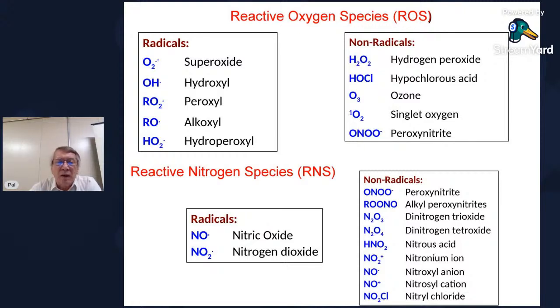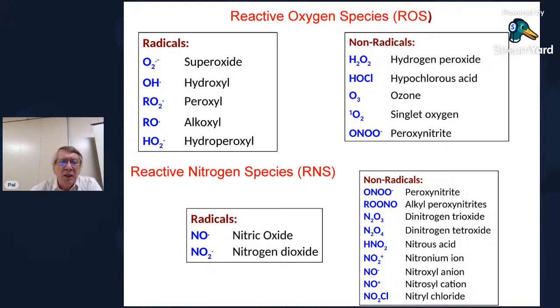As for the reactive oxygen species, the non-radical hydrogen peroxide, hypochlorous acid, ozone, singlet oxygen, and peroxynitrite were already mentioned. And as for the radical type reactive oxygen species, we should mention the superoxide radical and the hydroxyl radical, which is the most reactive oxygen species formed under physiological conditions.